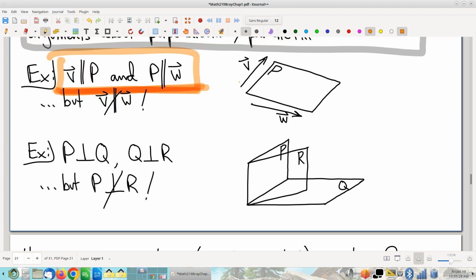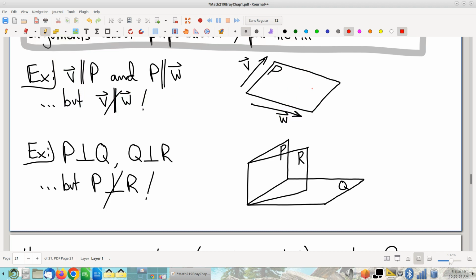It's very tempting if you don't think it through carefully. But check it out. No, it doesn't. V is parallel to P, P is parallel to W. V and W are not at all related. So heads up, be careful, think it through.